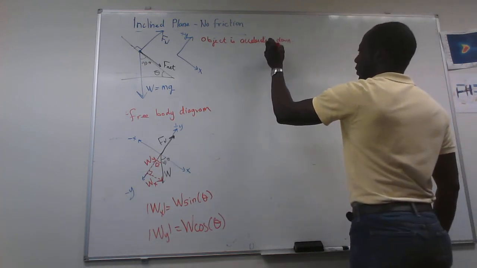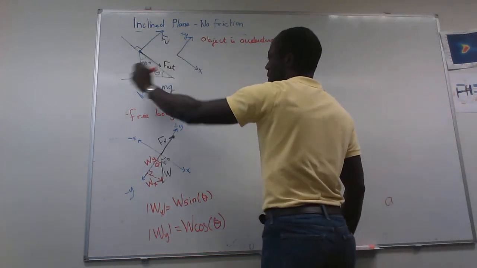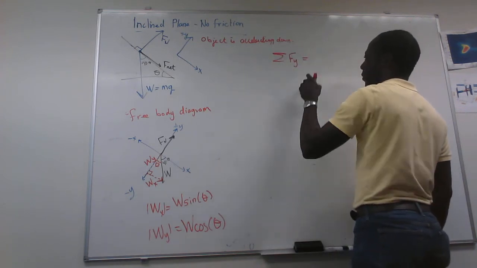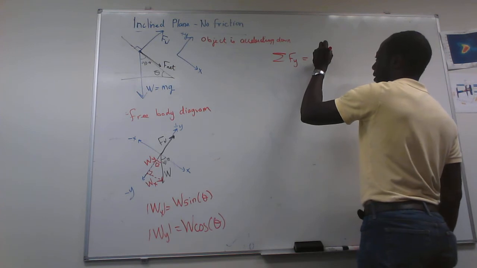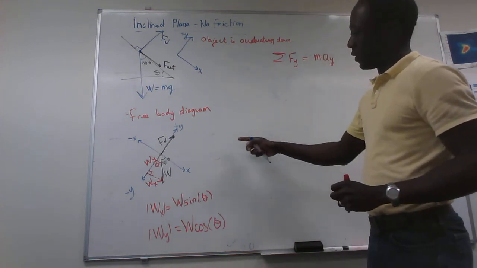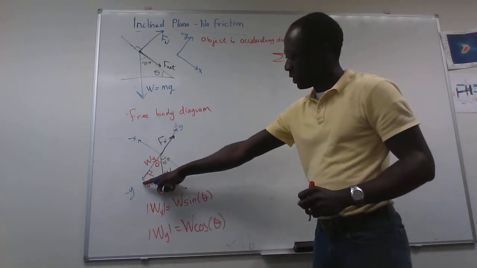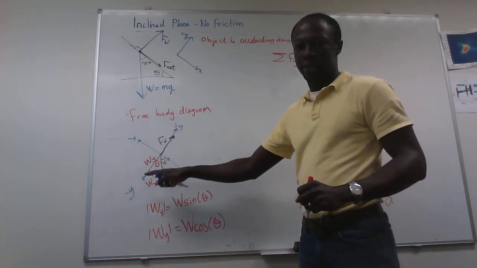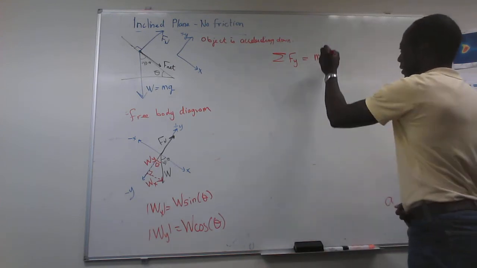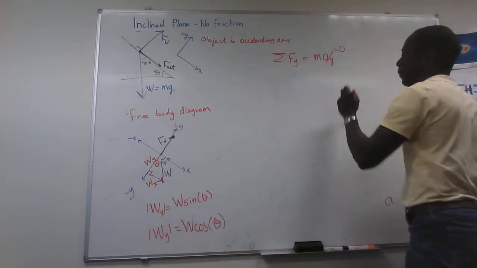Alright, so to find the net force acting along the y direction, we're going to use Newton's second law, which says the net force has to be equal to the mass times the acceleration in the y direction. And so in this problem, the object is not accelerating along this direction, it's only accelerating along this direction. So this ay here is equal to 0.